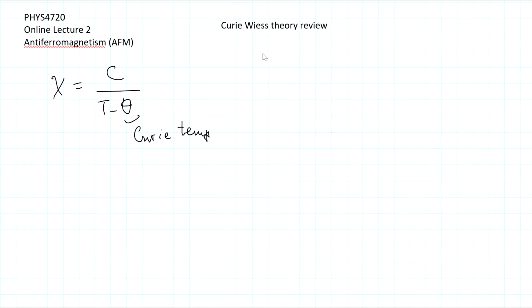So if we plot it as a function of temperature, then what we can see is, I'm using this fancy tool to draw coordinate axes. So we have the Curie temperature, which is right here.